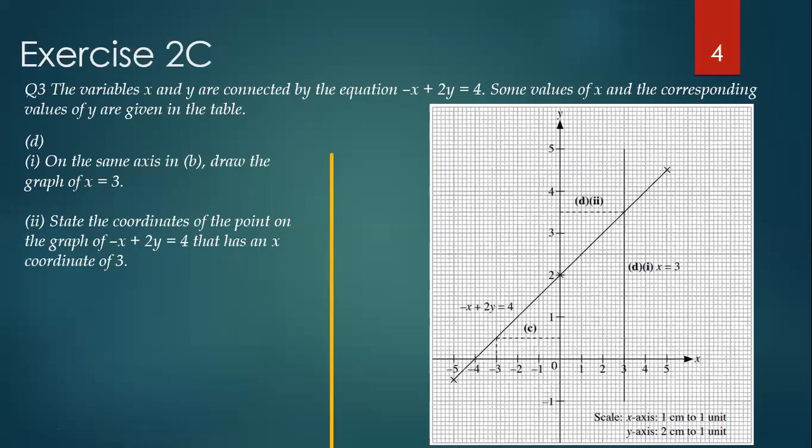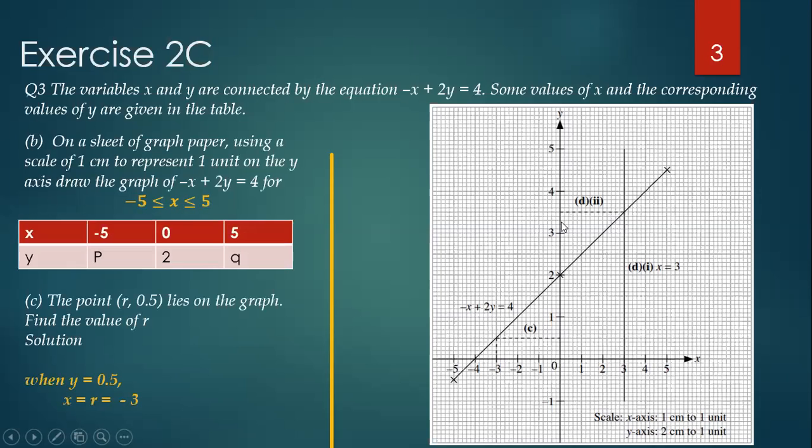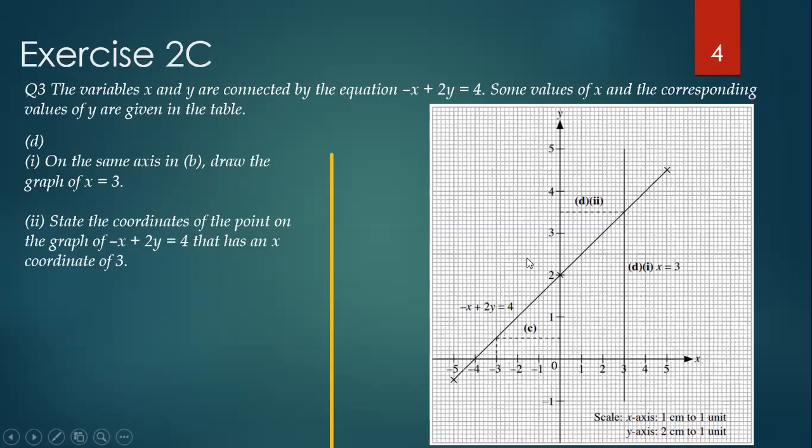Okay, so its x coordinate will always be 3, and you have to find its y coordinate. Can you see where it is meeting here? So it's meeting the y-axis at which point?